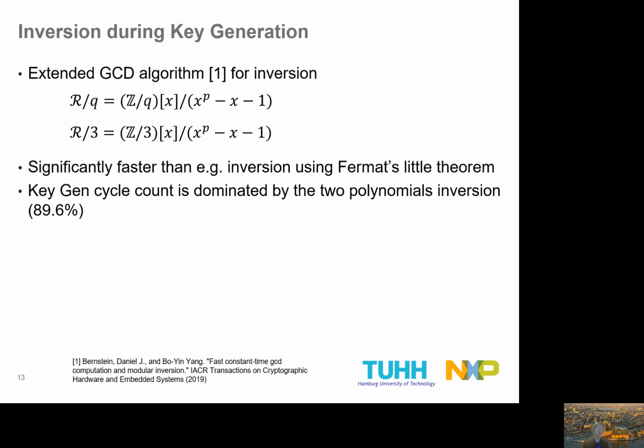And this algorithm is significantly faster than other constant time inversions, such as Fermat's little theorem. Nevertheless, the key generation cycle count is dominated by the time it takes to invert these polynomials. Almost 90% of those 1 million cycles is needed by the inversion.